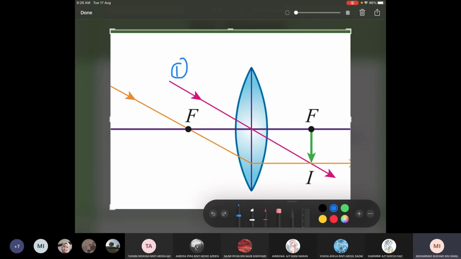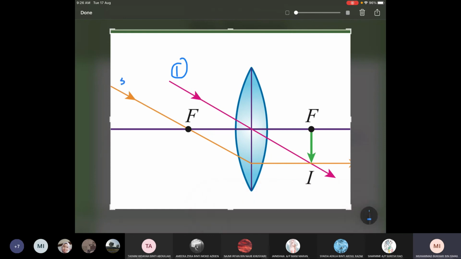And then we apply rule number 3. Remember rule number 3? When light passes through the focal point, this is the focal point, it will be refracted parallel to the principal axis. So what happens here is there is an intersection of the light, and here is where the image is formed.